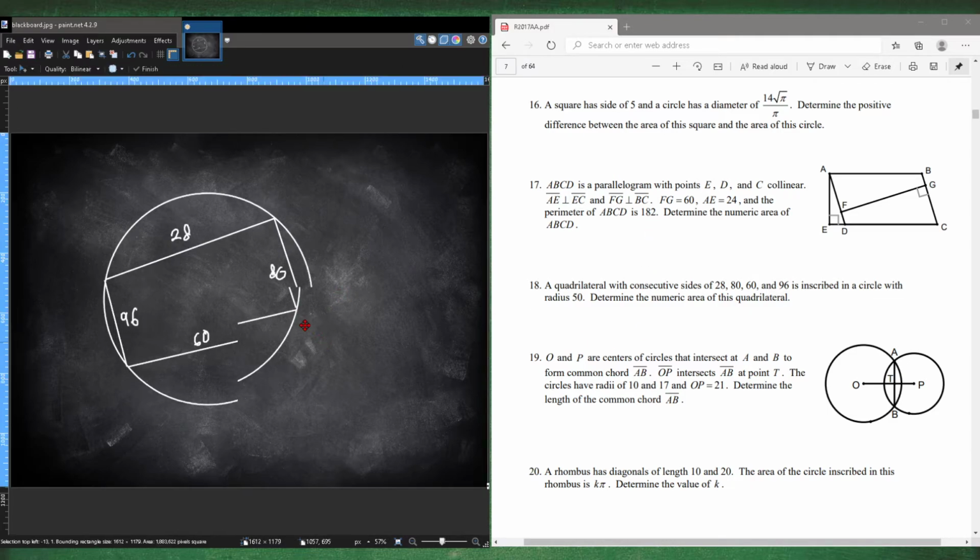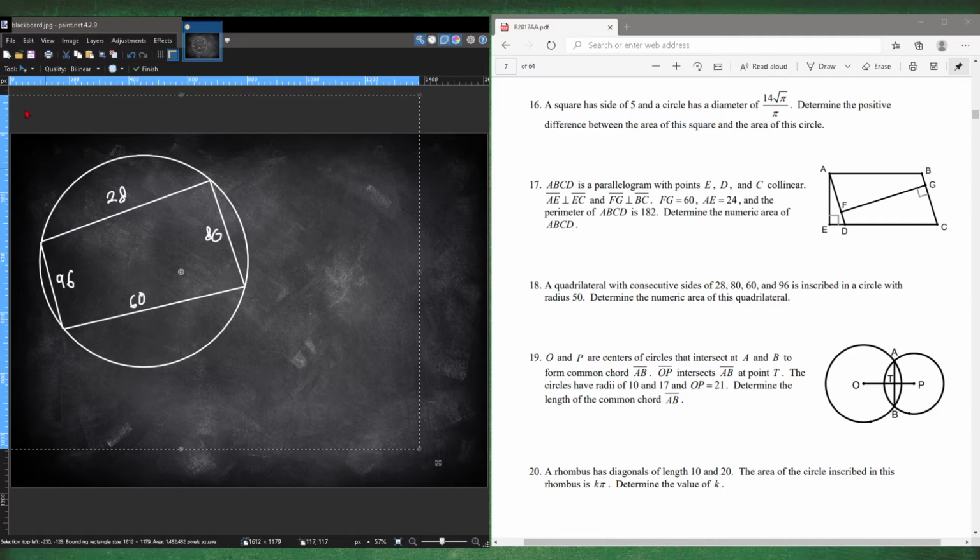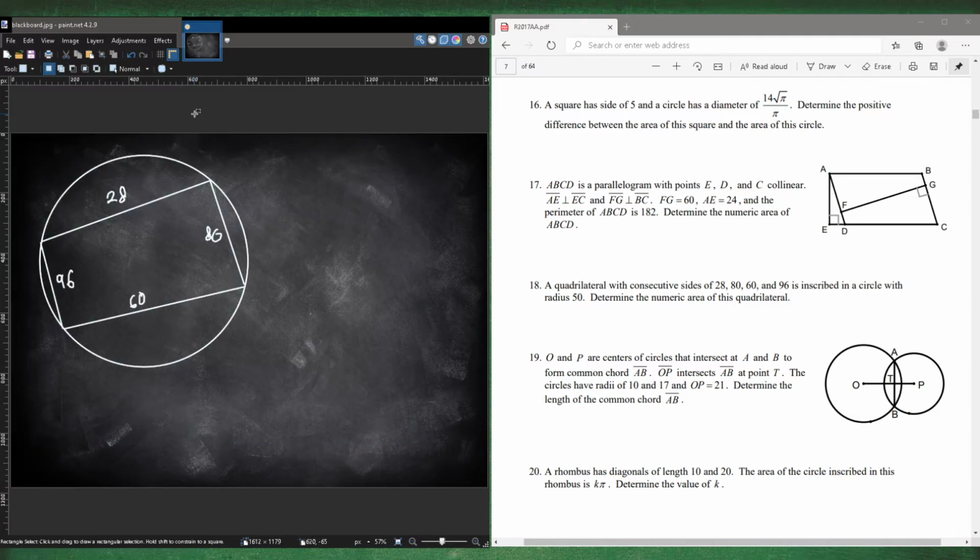So there's actually a formula to find the area of this. It's called Brahmagupta's formula, or however you say the name. Basically, all you have to do is add all these side lengths together and divide by 2. So 28 plus 96 plus 80 plus 60, and then divide by 2, and you get 132.